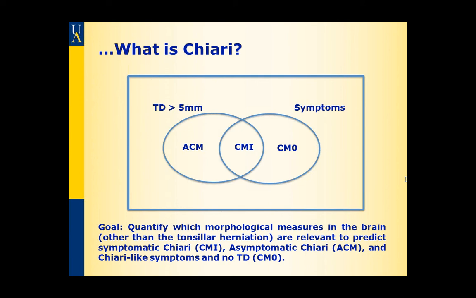I can give you an example. We have one subject in a current study that we're doing where the tonsillar herniation is actually -1. So they're a Chiari 0. And we looked at it and thought, whoa, why are we classifying this as Chiari? Well, I looked at the 19 morphometrics on this subject, and the distance to the pons was one of the smallest of any subjects in the entire study.